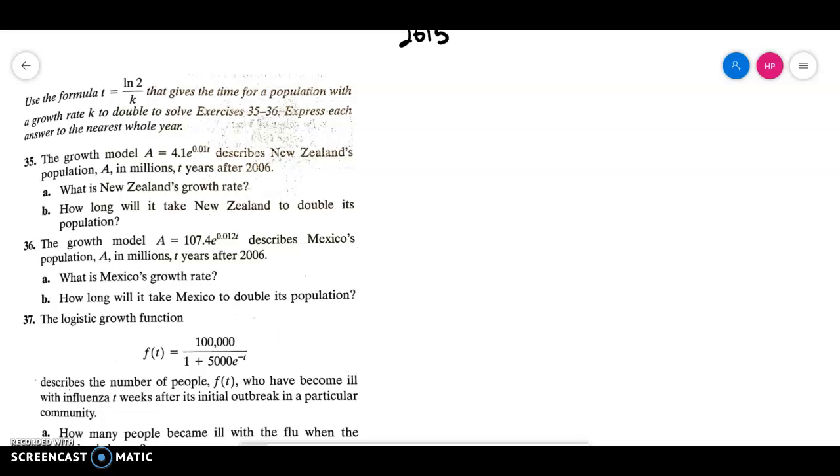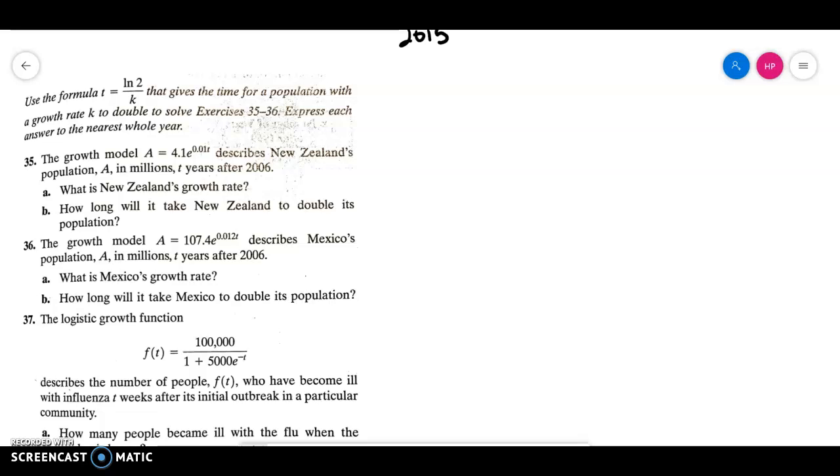35 tells us we have this formula that gives the time for the growth rate to double. So I'm assuming you've talked about half-lives and doubling rates in one of your science courses. The population in New Zealand is what we're interested in for number 35. So this growth model given to us, the 4.1 is the initial value.